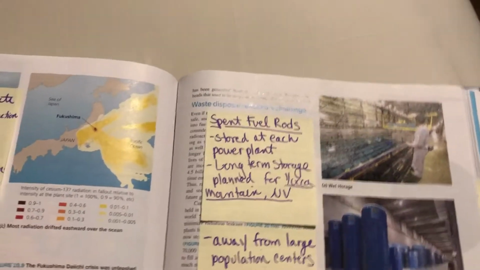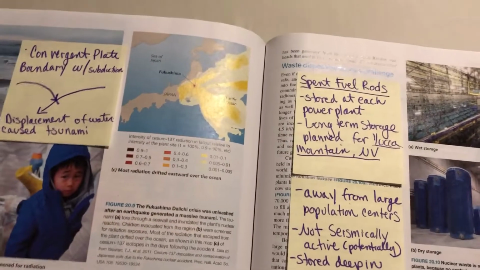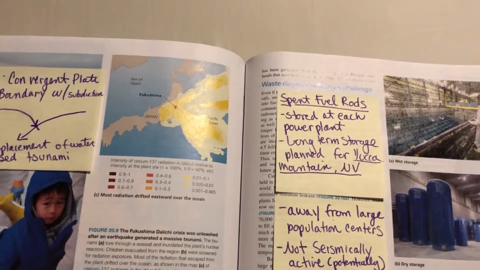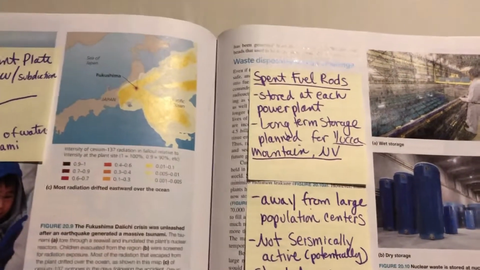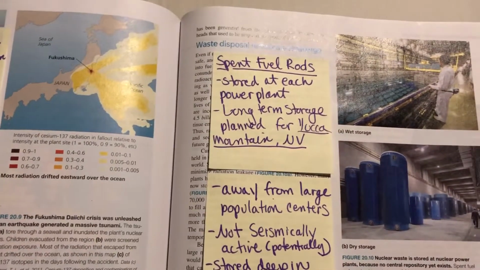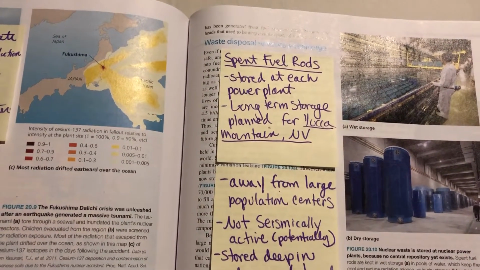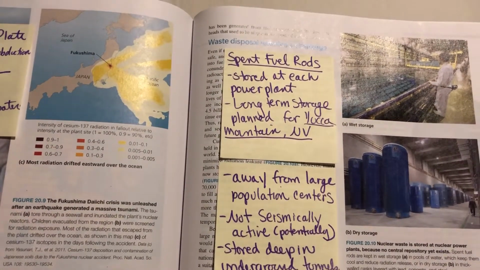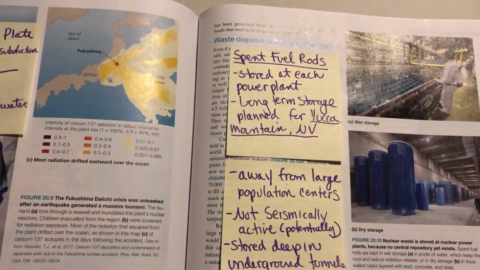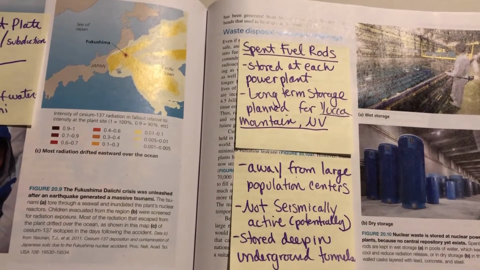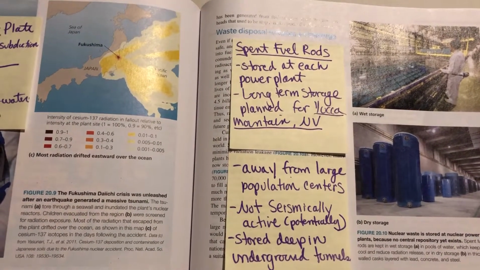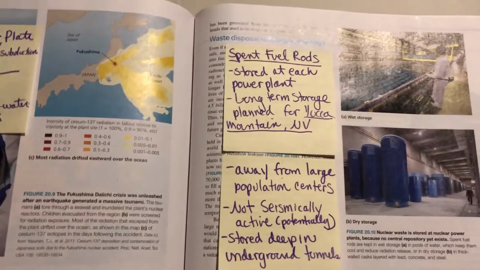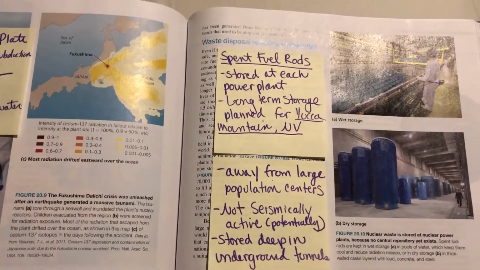Okay. So we keep talking about all these fuel rods with the nuclear power plant, but what do we do once they're done? So spent fuel rods, big issue is right now they're all stored at each of their own power plants. Initially, a long-term storage plan was for Yucca Mountain in Nevada in the United States. The reason why this location was picked is because it's away from large population centers.